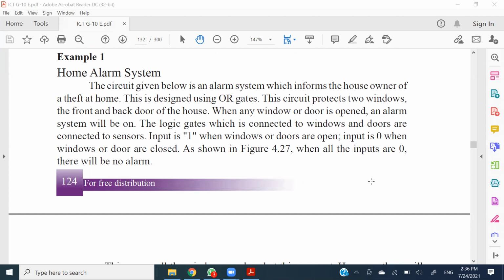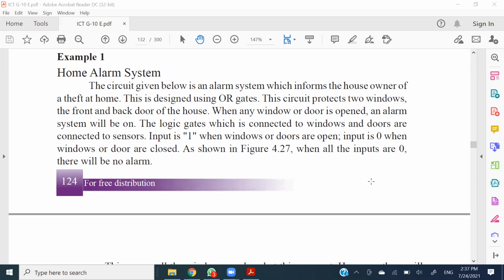And then you have to recognize which states of the inputs indicate 1 and 0 when we are trying to develop the circuit. So we recognize the inputs, we recognize the output, then we need to know which state of the input indicates 1 and which indicates 0, which will help you to construct the particular circuit.